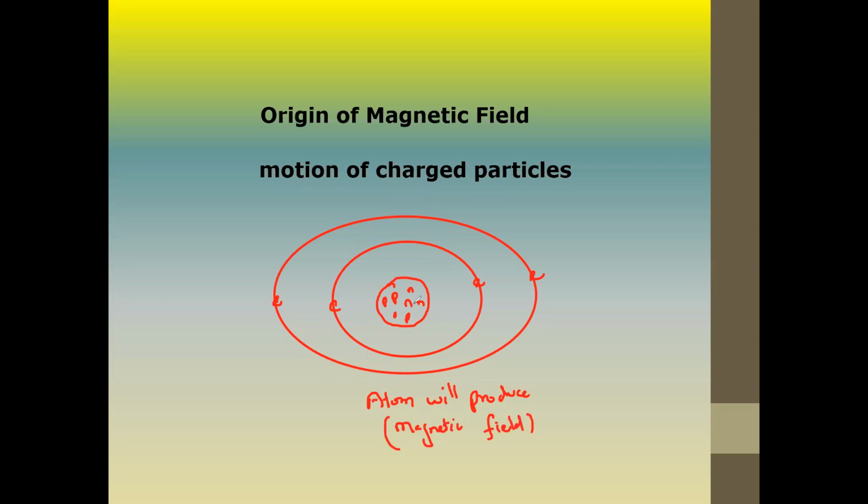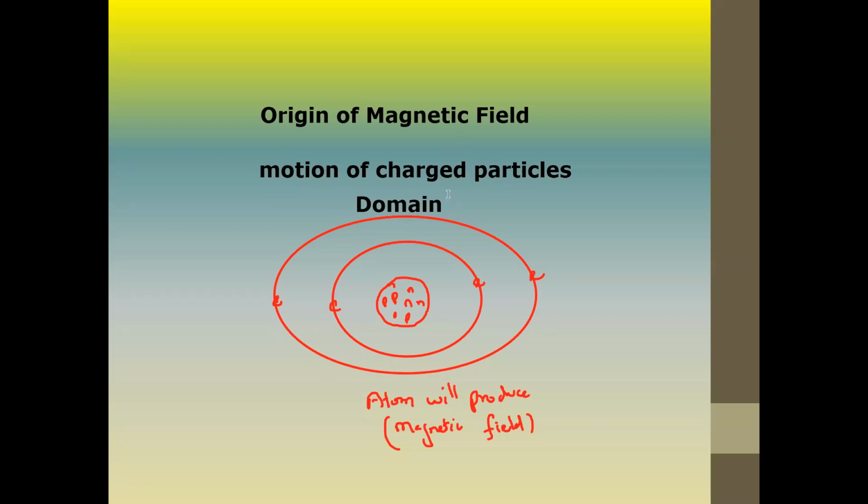So due to these charged particles, the atom will produce a magnetic field, and an atom, a region which produces a magnetic field, we call these atoms a domain. So domain is a term which we normally use for the atoms which are producing a magnetic field.